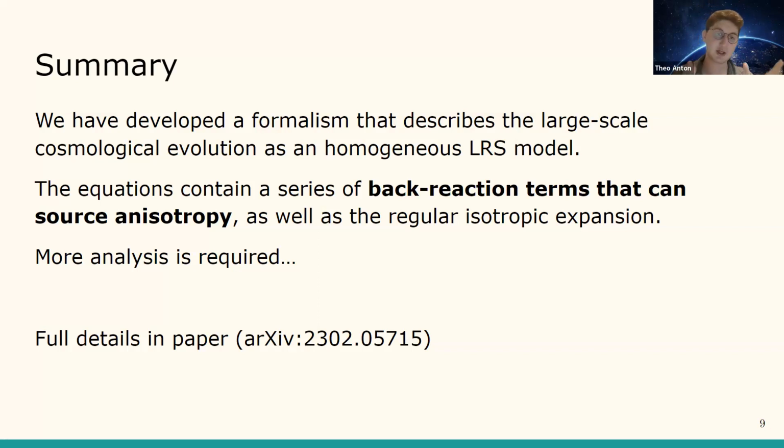And it's these back reaction scalars that can source the anisotropic expansion as well as the regular isotropic Friedman-like expansion that we see in the universe. And of course, more analysis is required to think about what the observational signatures of these kind of effects would be. And that's something that we're working on and looking to develop further.